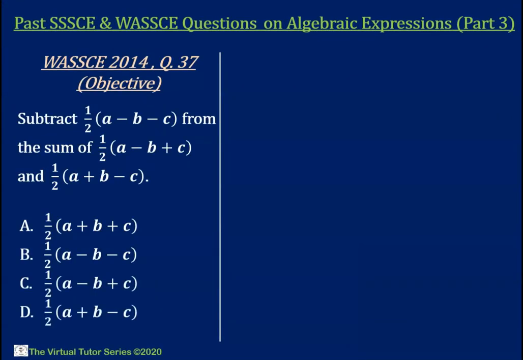WASSCE 2014 Objective Question 37. Subtract 1/2 into bracket a minus b minus c from the sum of 1/2 into bracket a minus b plus c and 1/2 into bracket a plus b minus c.